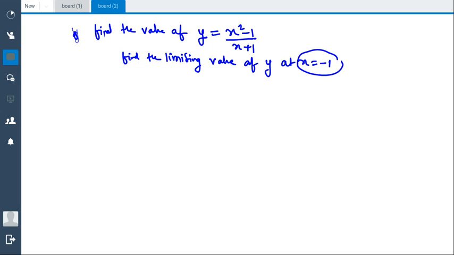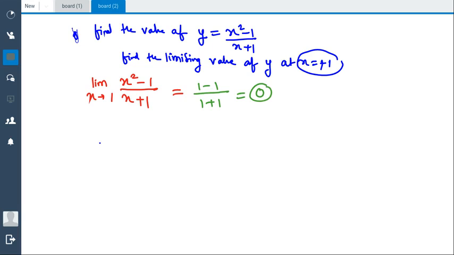So the question would look like this: limit x tends to 1, x square minus 1 upon x plus 1. The answer would be pretty simple. You will just put the value of x, that is 1 minus 1 upon 1 plus 1. The answer would be 0 upon 2, and that would be 0.